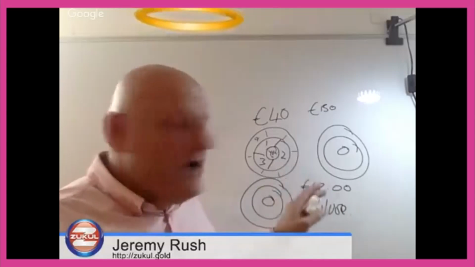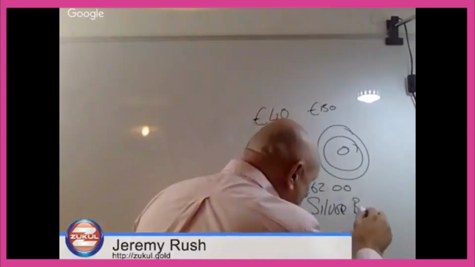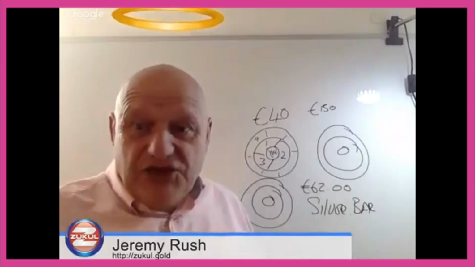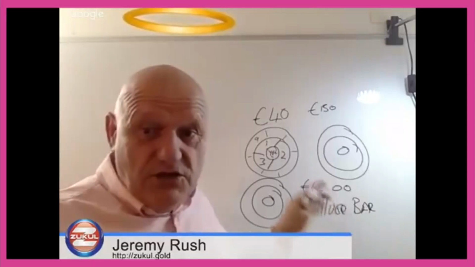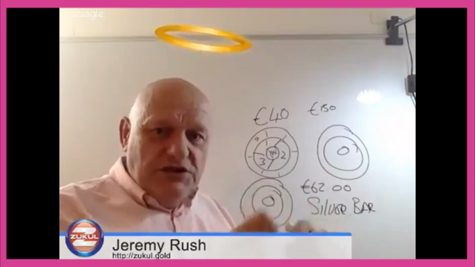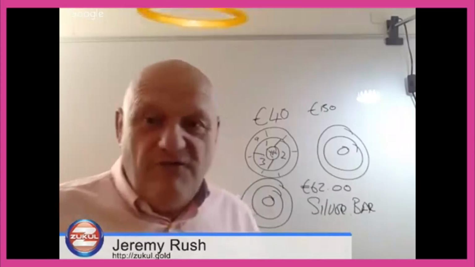They're calling it a silver bar, not actually a coin, but a silver bar. You get this silver bar, plus you get brochures, plus you get business cards for your business, plus you get a 4 GB pen drive.